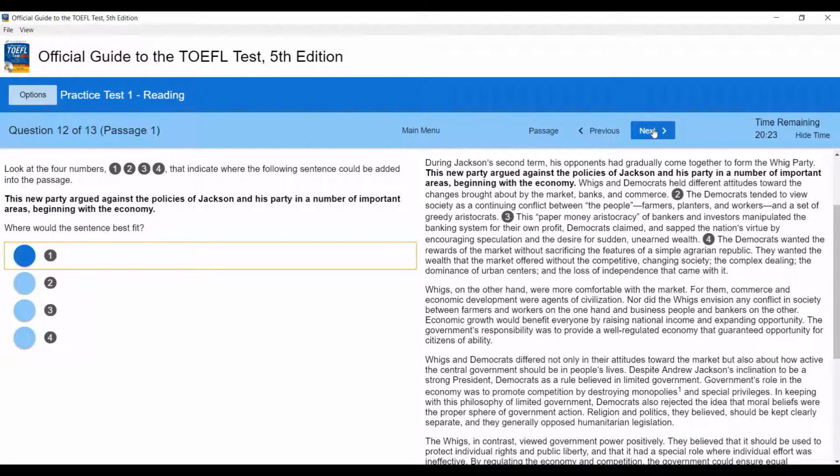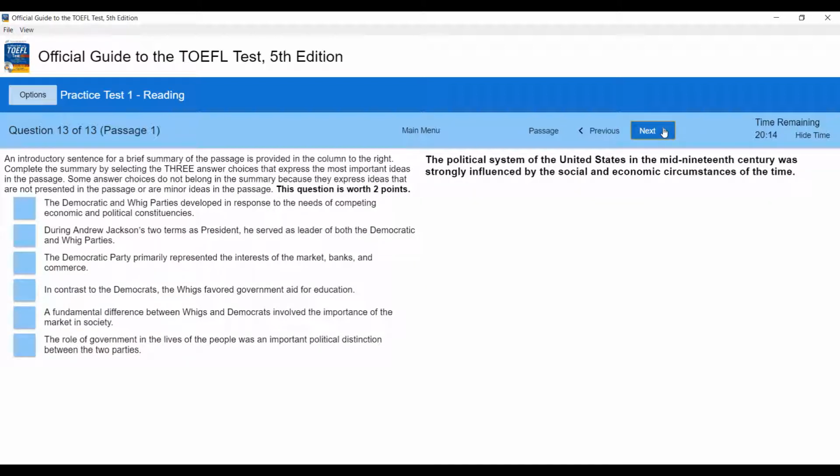And then lastly, now we have the summary question. To summarize this, looking at the instructions, you want to get familiar with those and see how three of these choices are going to be correct.